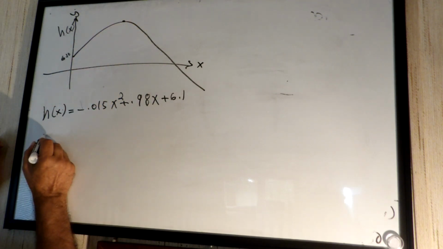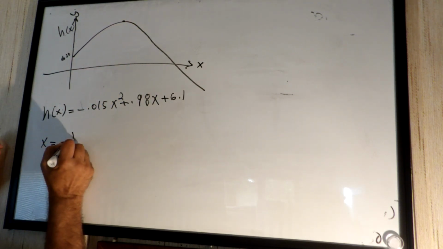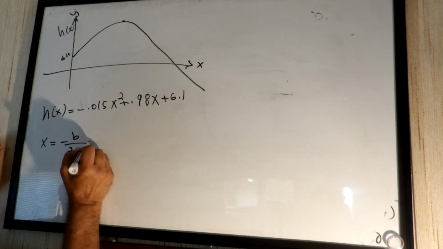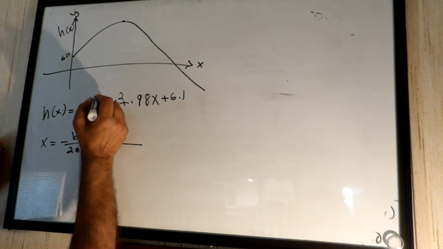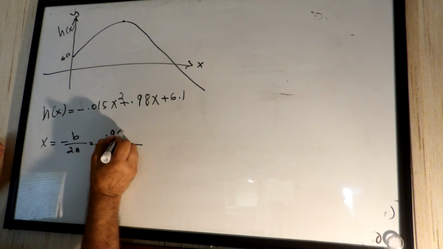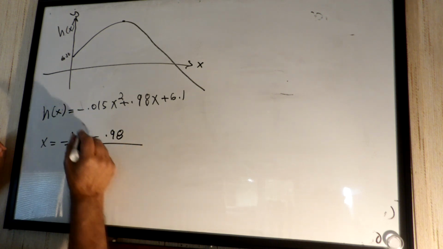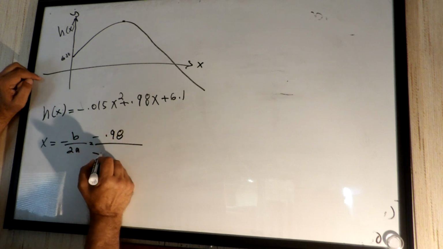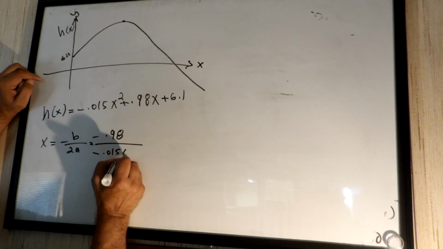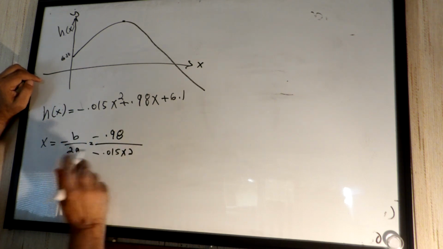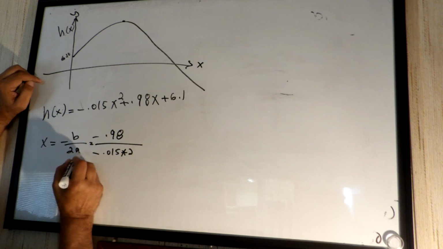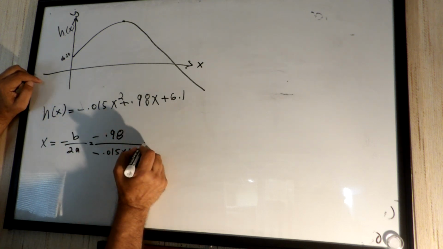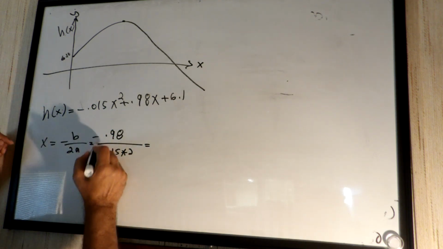We learned that x is equal to minus b over 2a. What is b? b is 0.98, and a is this one, minus 0.15, times 2.